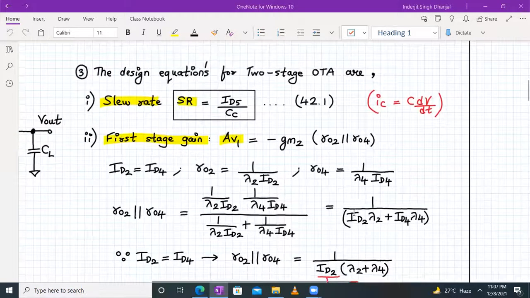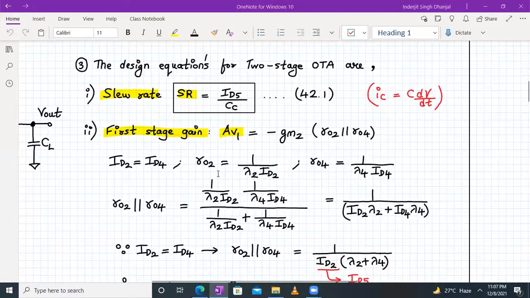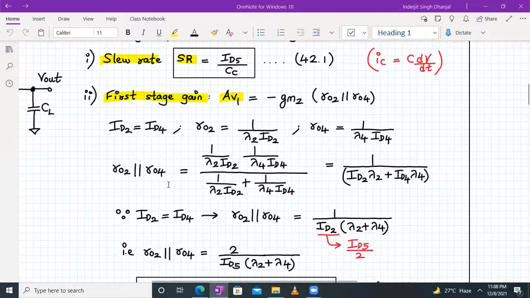So ID1 is equal to ID2. Therefore, ro2 is equal to 1 upon lambda2 ID2, and ro4 is equal to 1 upon lambda4 ID4, right? So what is ro2 parallel to ro4? It is 1 upon lambda2 ID2 into 1 upon lambda4 ID4 divided by 1 upon lambda2 ID2 plus 1 upon lambda4 ID4.